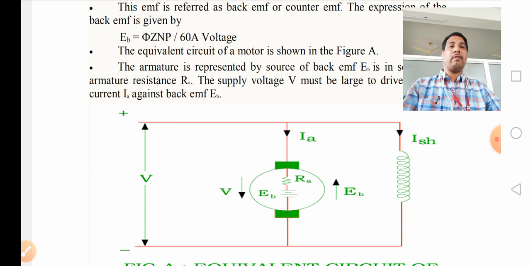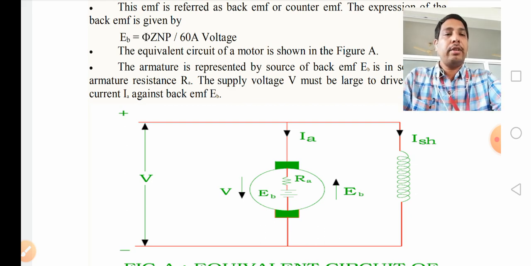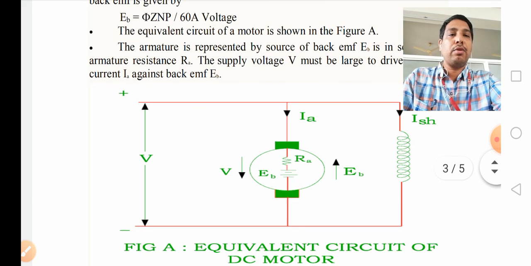In the self-excited type, we have the shunt generator, series generator and compound generator, and there are also some other types of compound generator. As per your syllabus, there is no need to discuss the different types of compound generators.